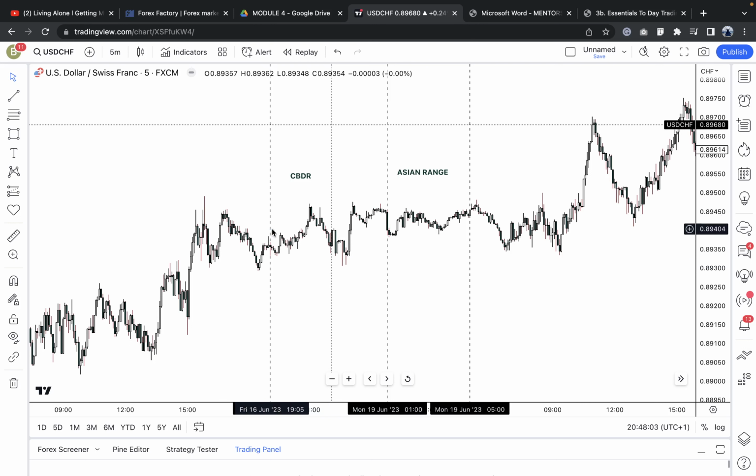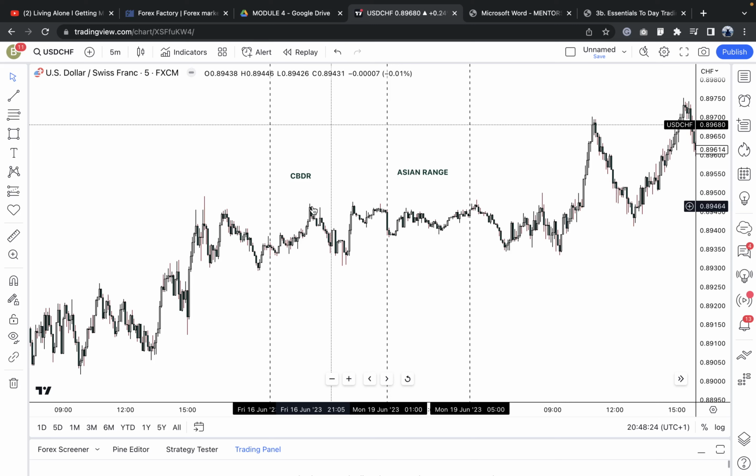When we see this kind of delivery, we can take the range as one. And what you do here is, rather than using only the central bank dealers range to pull up your standard deviations, you use both the central bank dealers range and the Asian range.